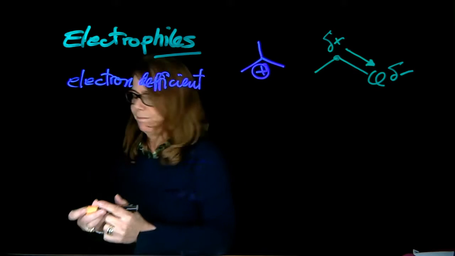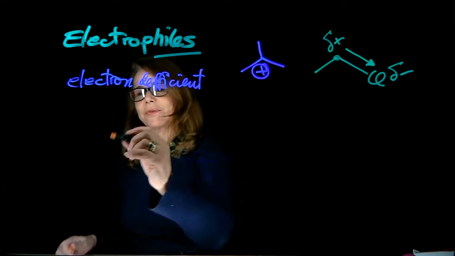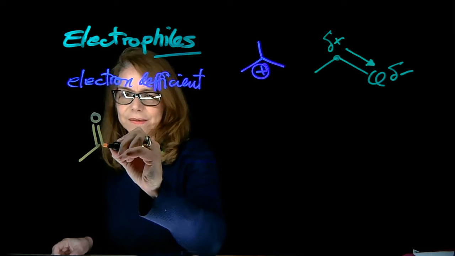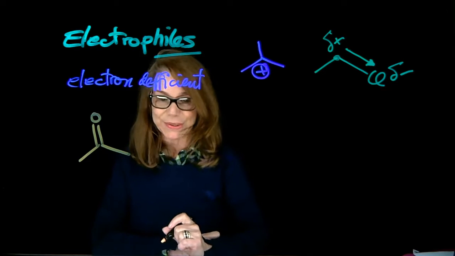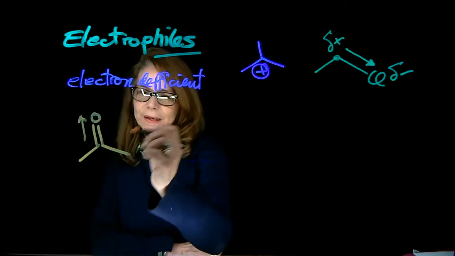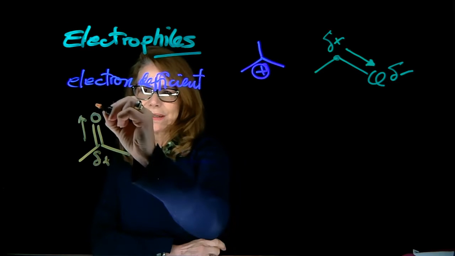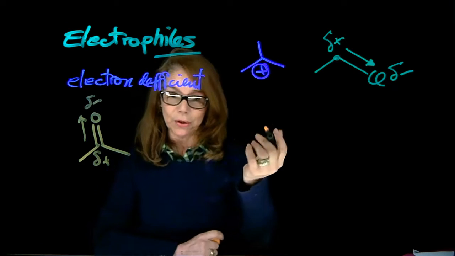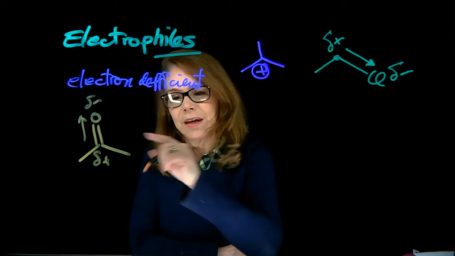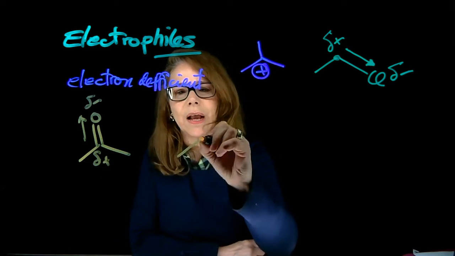Now, another example of an electrophile. Say we have acetone here. We know that we have a dipole, and of course this is going to be delta positive and this delta negative. But we can also explain the electrophilicity of the carbonyl carbon by doing resonance.